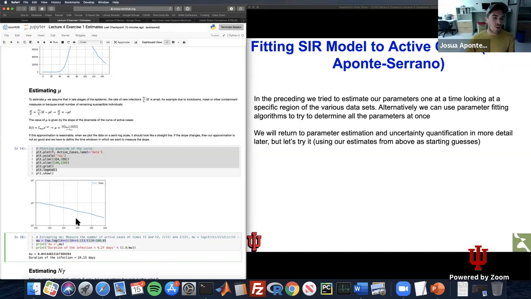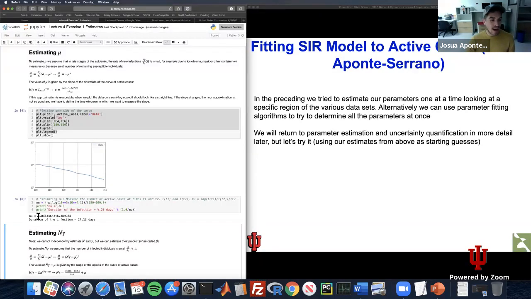And that goes over a delta t of 50 days, from 100 to 150. So basically, I'm taking this equation and putting it here, filling it up. When I run that cell, I get a value of mu that is 0.04.